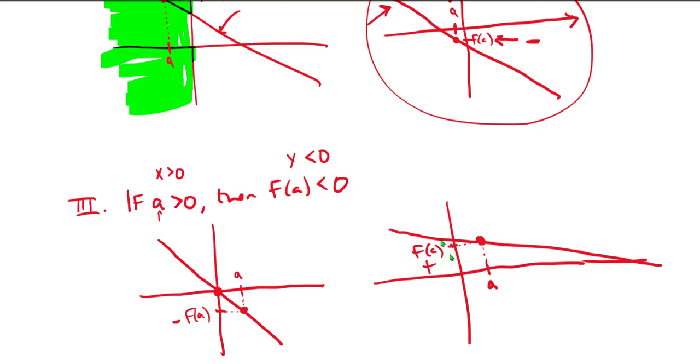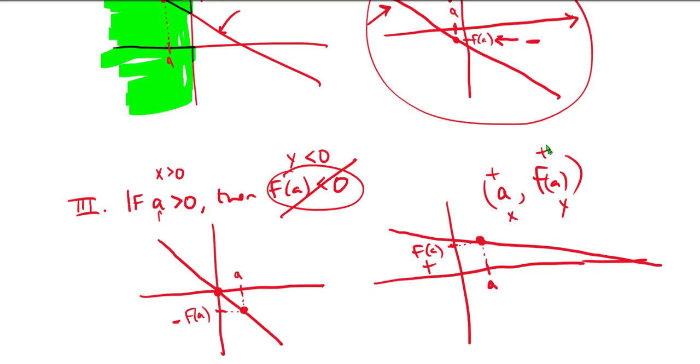So I have a positive a value and a positive f of a value, a positive x and a positive y, and therefore this right here is not true. My f of a is not less than 0. My f of a is actually greater than 0.